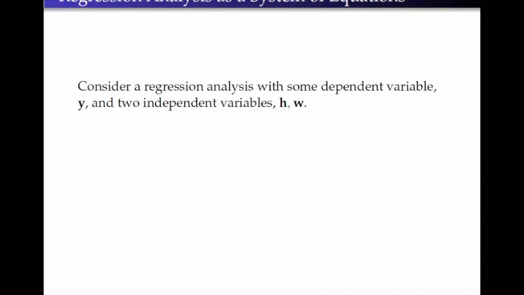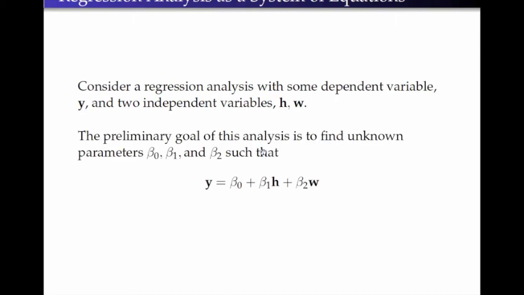So let's consider a regression where we have some dependent variable, y, and 2 independent variables, h and w, say height and weight. So our goal is to find these unknown parameters, the beta 0, the intercept, the beta 1 and beta 2, so that y, our target or our dependent variable, is equal to beta 0 plus beta 1h plus beta 2w.